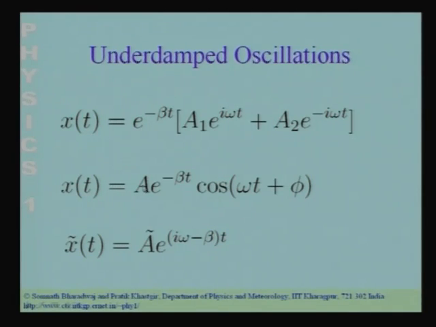If you write this solution using the complex notation, it becomes x tilde of t is equal to A tilde e to the power i omega minus beta t. Remember that A tilde has both the real amplitude and the phase. So A tilde is essentially A e to the power i phi.